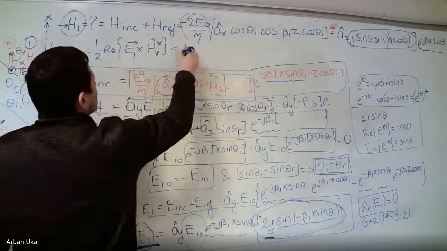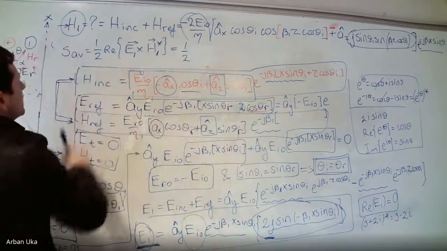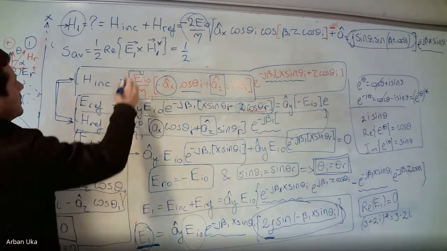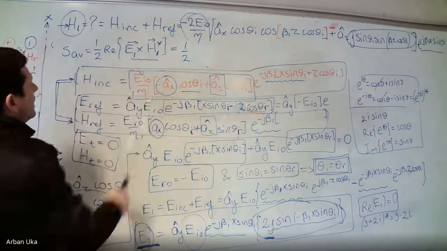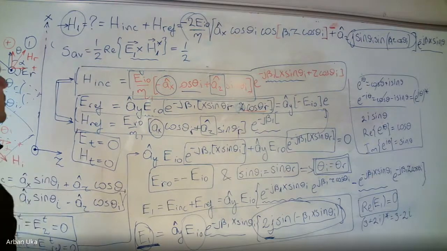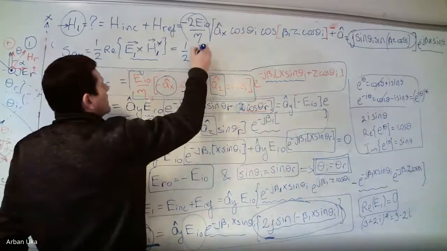So first of all, we get here 1 over 2, which is always there. But then another essential part is that we have to identify what is the direction of E1 with H1, which is going to show the effective direction over which the current is going to flow.